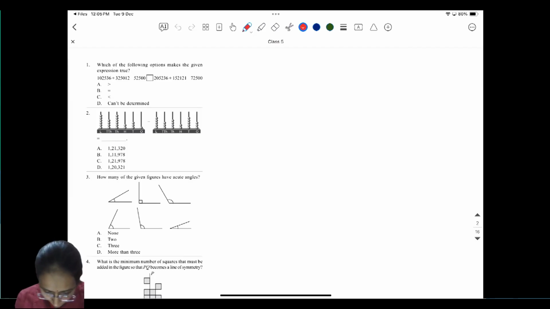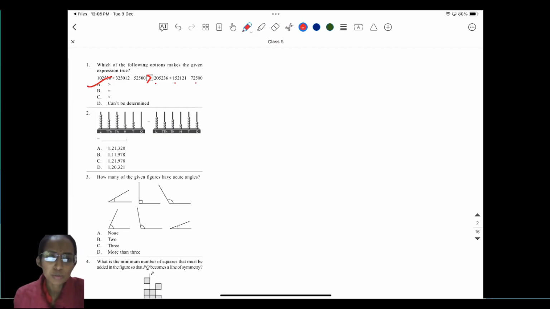Whereas in the second part, we are adding 2 lakhs and 1 lakh, that is approx 3 lakh, and then we are subtracting 72,000. So obviously this is 4 lakhs minus 52,000 will be greater than, that means A is the correct option.